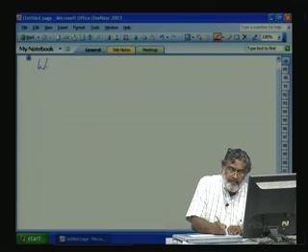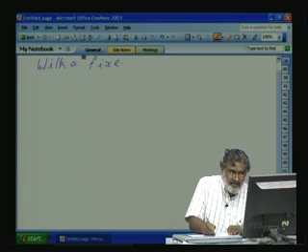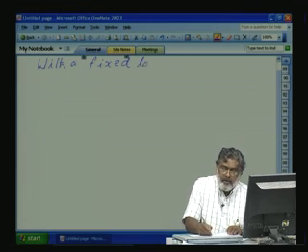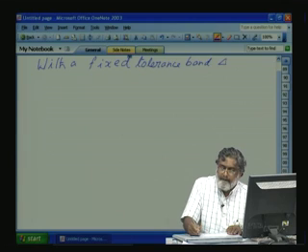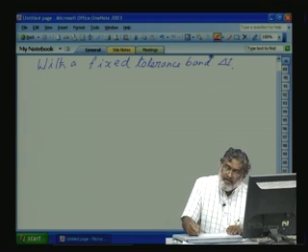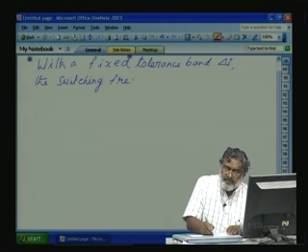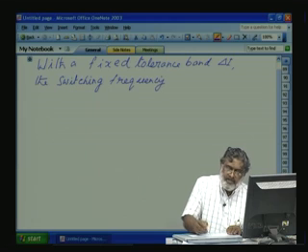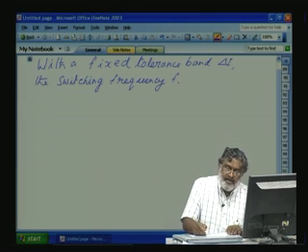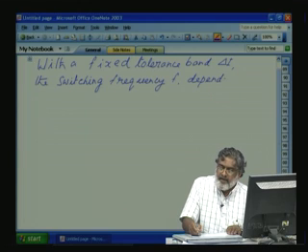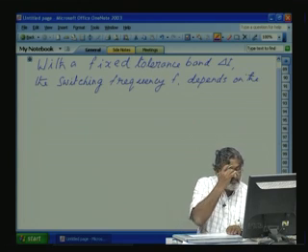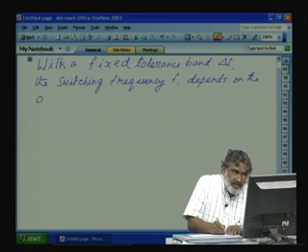So, with a fixed tolerance band, with a fixed tolerance band delta I, the switching frequency F depends on the output voltage, load voltage, output voltage.